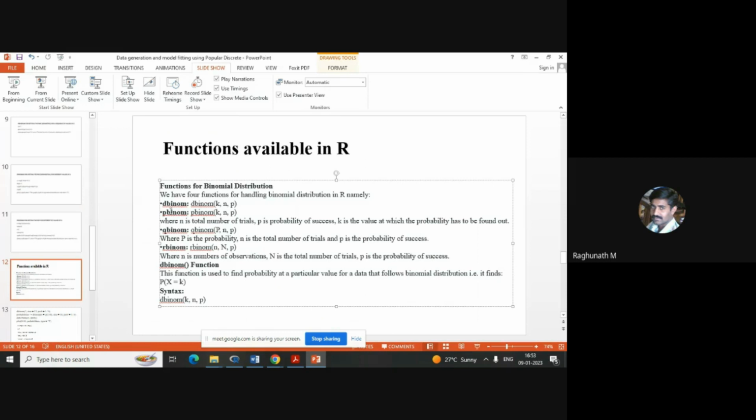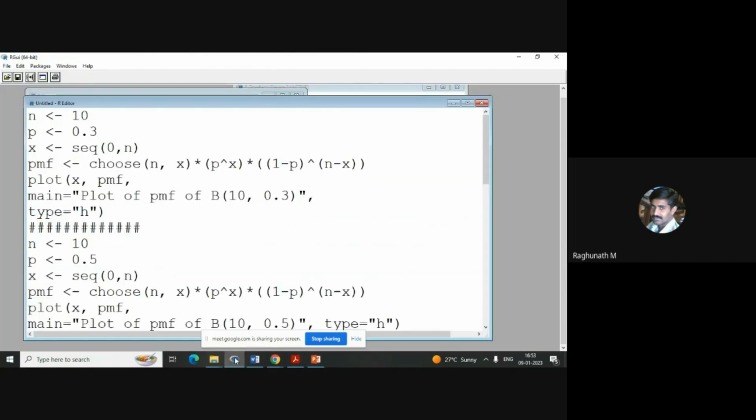There is an inbuilt function called dbinom. The command is dbinom of k, where k is nothing but the x values. You have to plug in x values, or you can specify some value also. If you want the PMF at a particular value, that also you can mention. n is the number of trials and p is the probability of success. Now we shall use this inbuilt function.